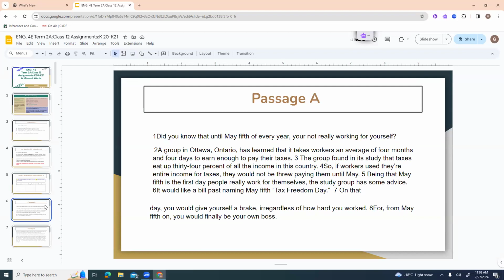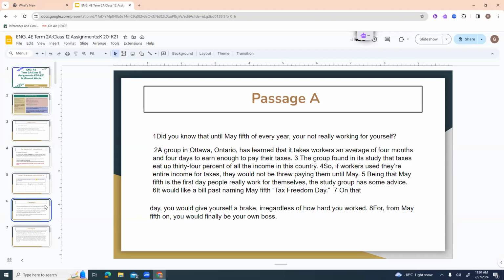Passage 1. Did you know that until May 5th of every year, you're not really working for yourself? A group in Ottawa, Ontario has learned that it takes workers an average of 4 months and 4 days to earn enough to pay their taxes. The group found in its study that taxes eat up 34% of all the income in this country. So, if workers used their entire income for taxes, they would not be through paying them until May.